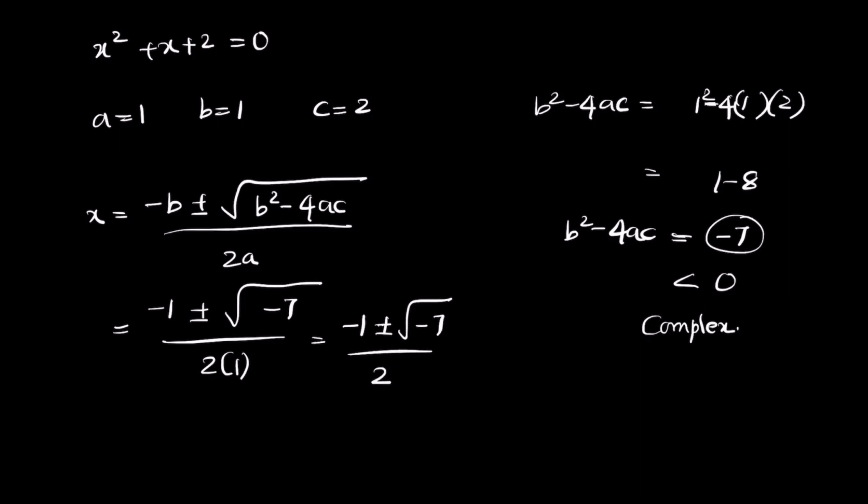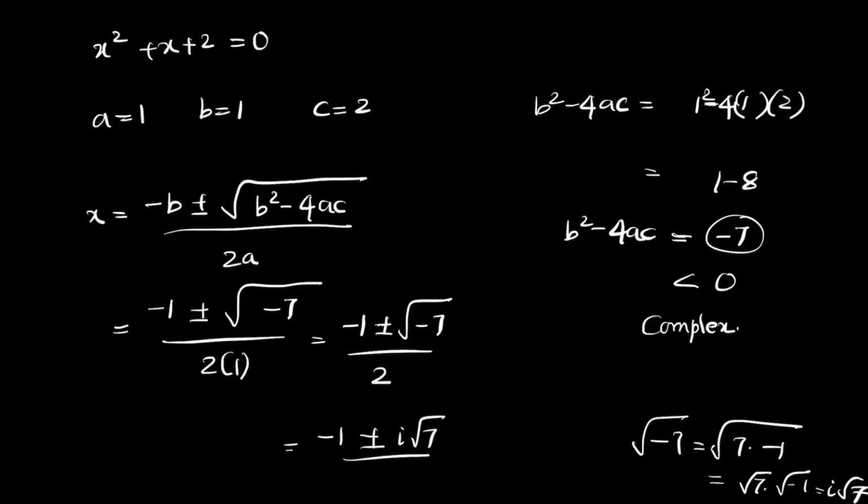So we know that root minus 7 can be written as root 7 times negative 1, and can be written as root 7 times root negative 1, which is i root 7. So which now can be written as minus 1 plus or minus i root 7 over 2.